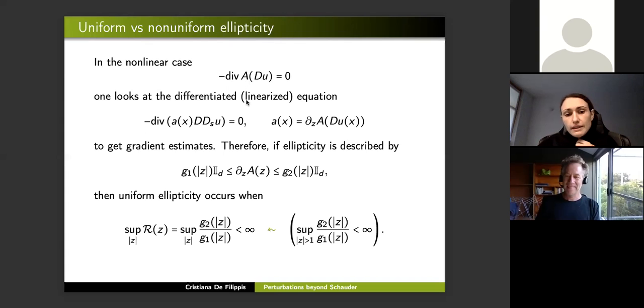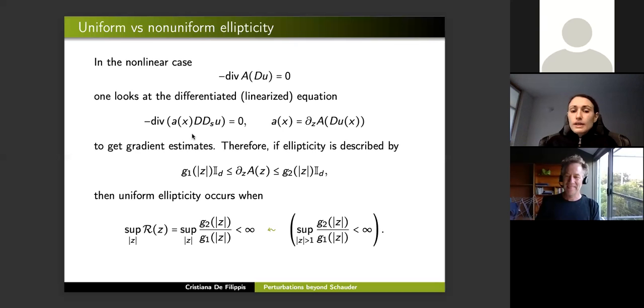So the linearized equation, obtained by literally differentiating it, is of the type minus divergence of A(x) D of Du equals 0, which is quite similar to the linear one I showed you before, but this time A(x) is the derivative in the gradient variable of the nonlinear tensor evaluated at Du. But I repeat, this is quite similar to the previous one.